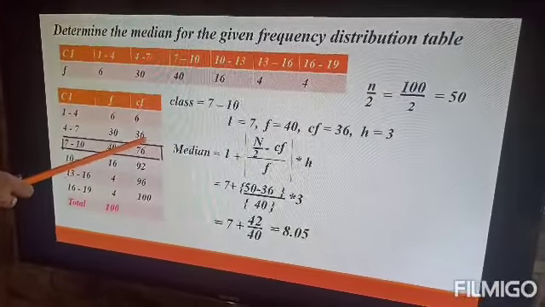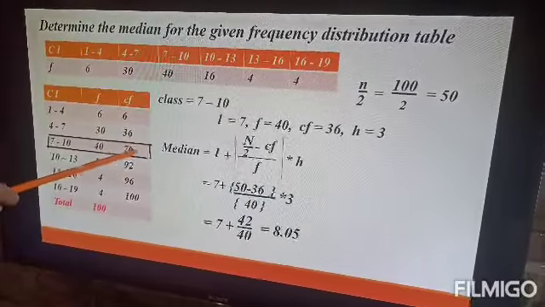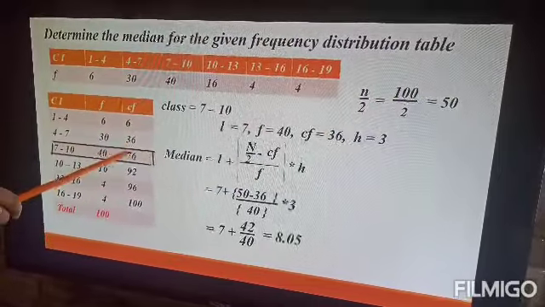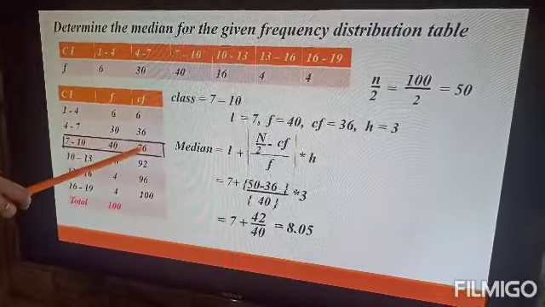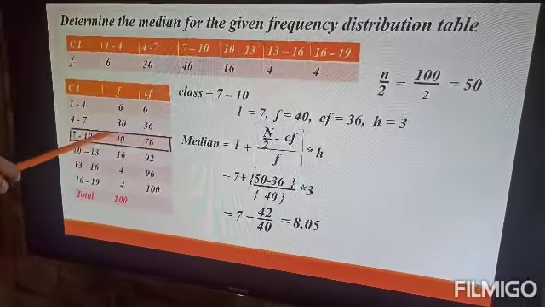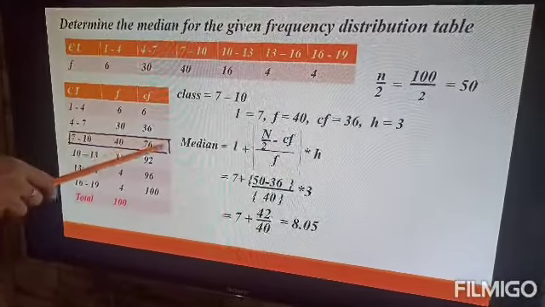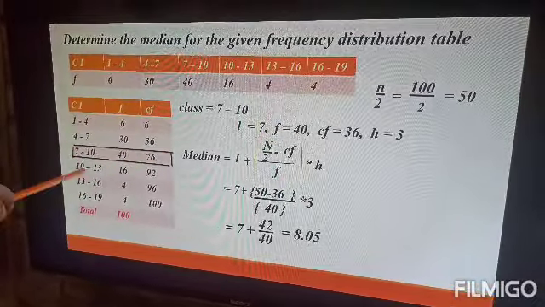Next, more than 36 up to 76 comes under this class. Here 50 is in this class only, because 36 to 76 comes under this class. Therefore, we have to consider this as the median class. We have to mark it.